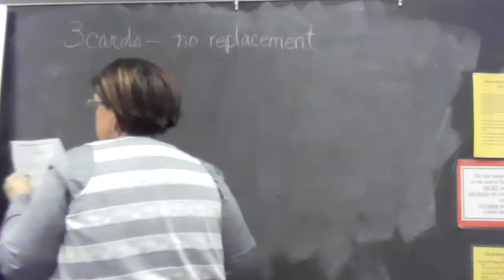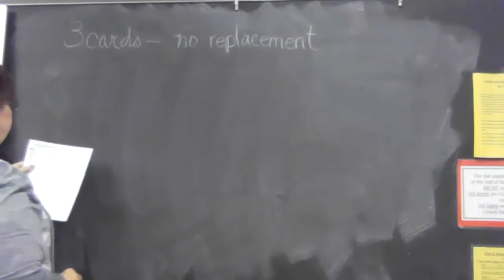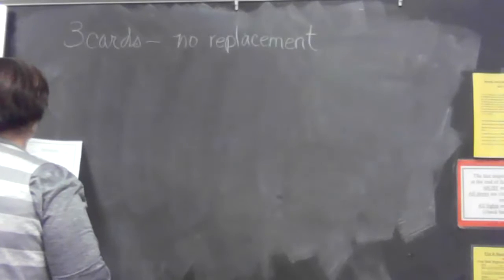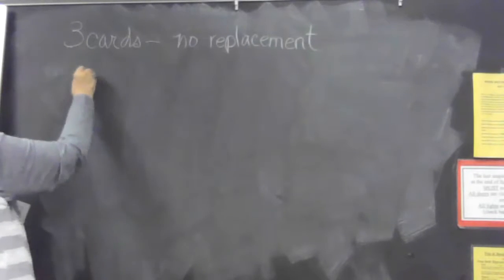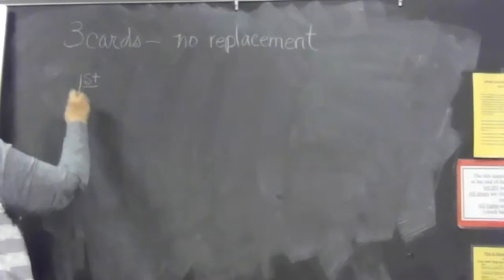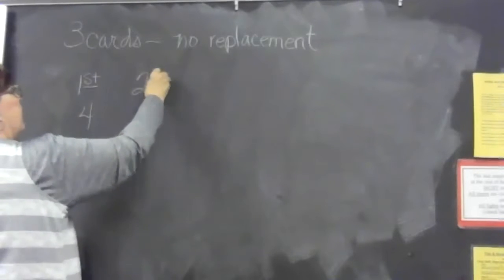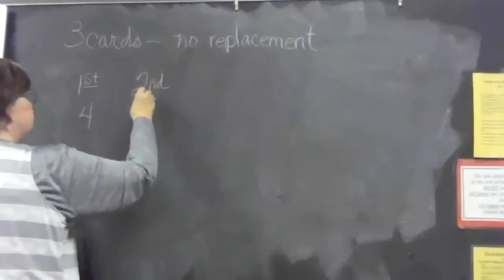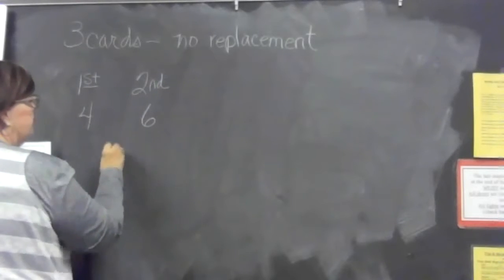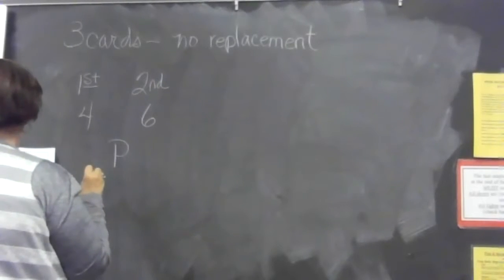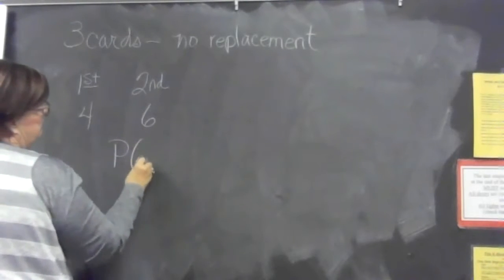That's what number 1 says. They want the probability: if the numbers on the first and second card are 4 and 6, they're telling you the first one has to be a 4, the second card has to be a 6, they want the probability that the third one is an even number.